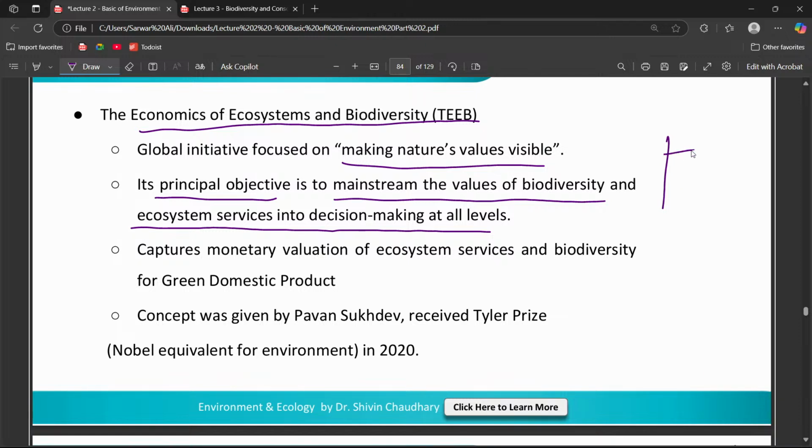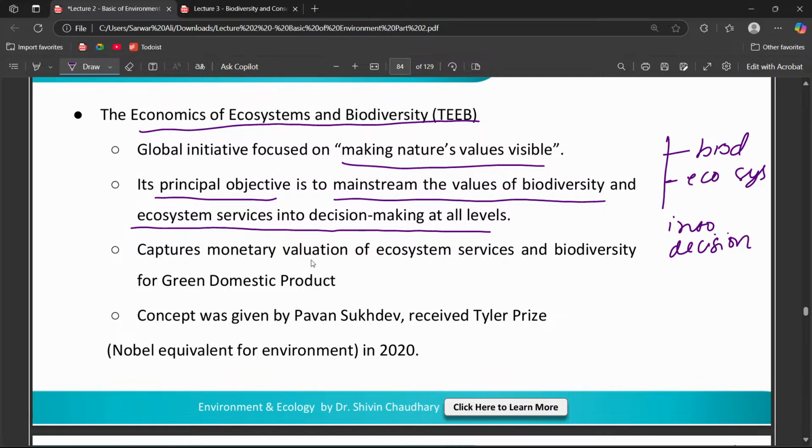It means we have to mainstream biodiversity and ecosystem services into decision making, right? So basically we should always keep these in mind while making policies.